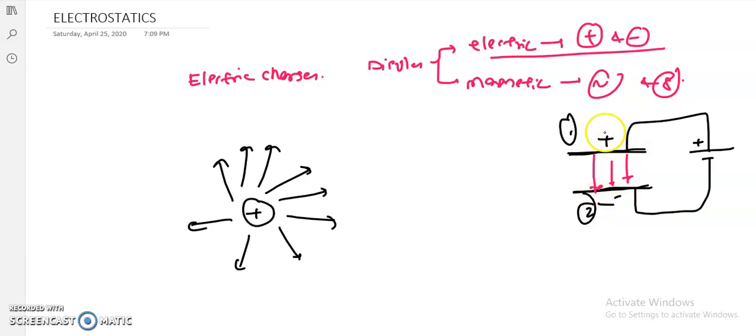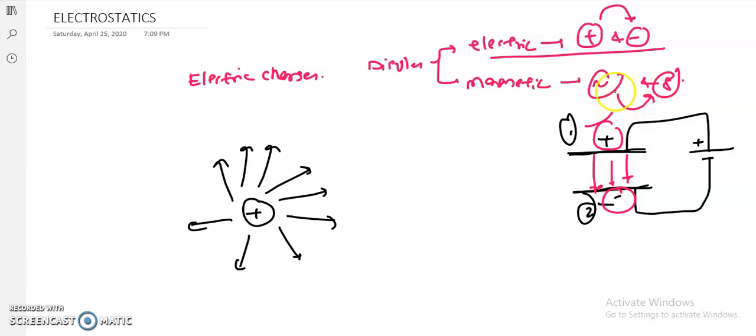The same case here: I isolated both of these electric charges. Isolated means here I am talking only about the positive charge alone, and next I will take the negative charge alone. But from this concept, you can understand the direction of the flux lines if you take one individual charge, either positive or negative. As all of you know, the electric flux lines always flow from the positive to the negative charge in electric dipoles, and the magnetic flux lines always flow from the north pole to the south pole.